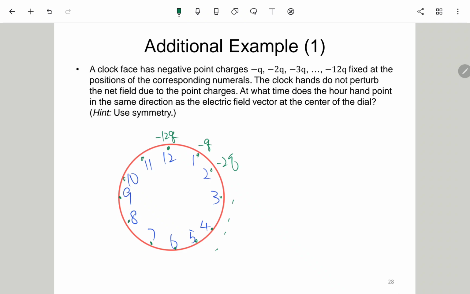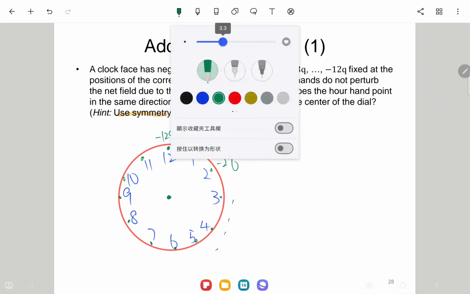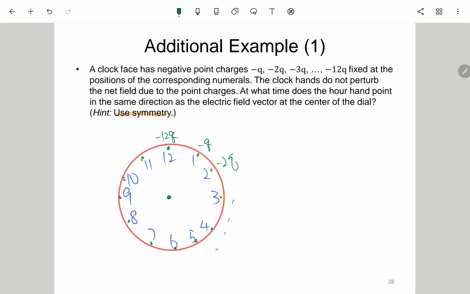Okay, so it actually asks you what is the direction of the E field at the center, and the hint is to use symmetry. So clearly we can see that for symmetry about the center point, 1 o'clock should pair with 7 o'clock, negative 7q.